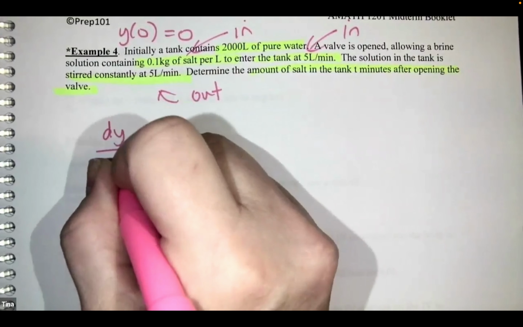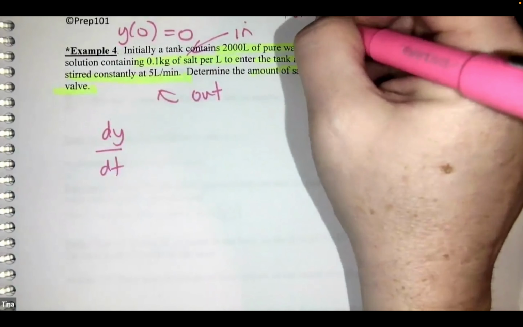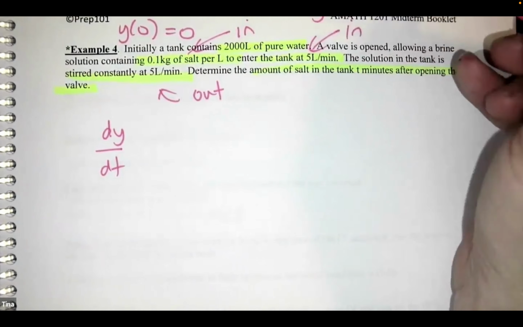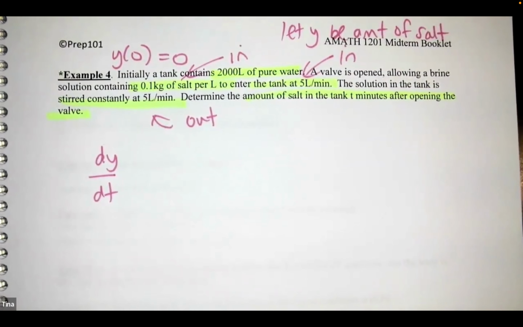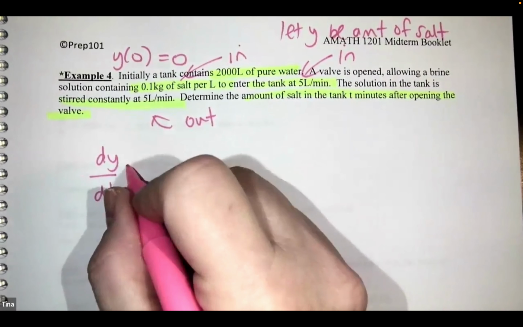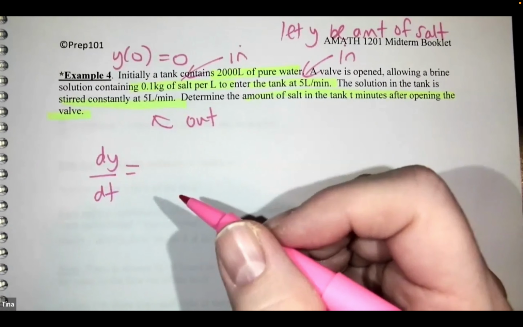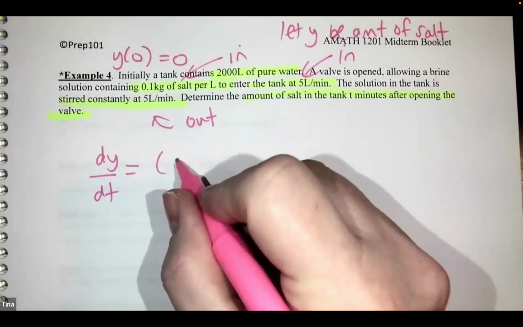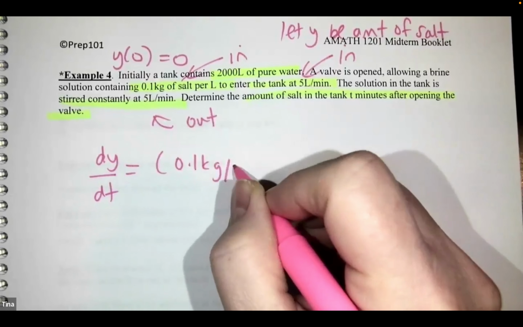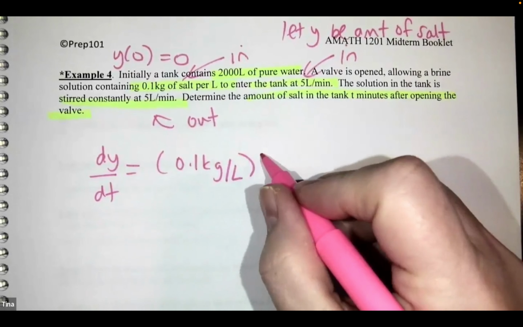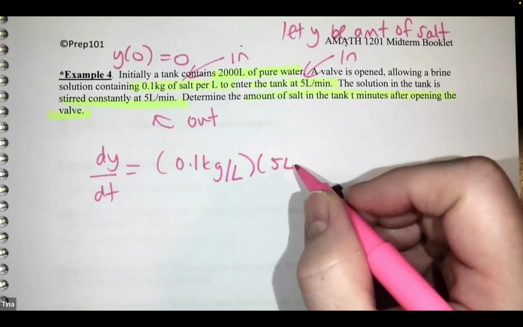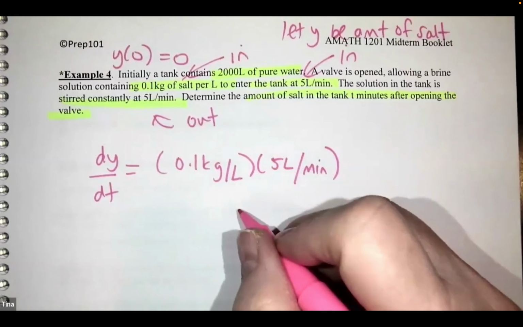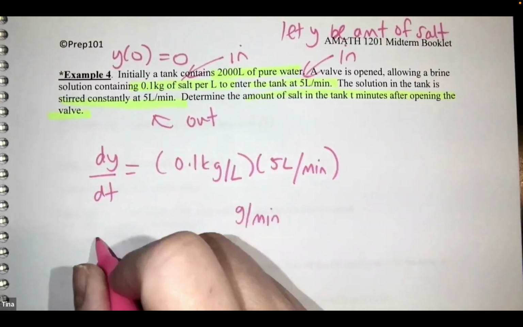So if I let y be the amount of salt in the tank, then we can say dy by dt is going to be 0.1 kilograms of salt per liter, entering at 5 liters per minute, which is grams per minute.